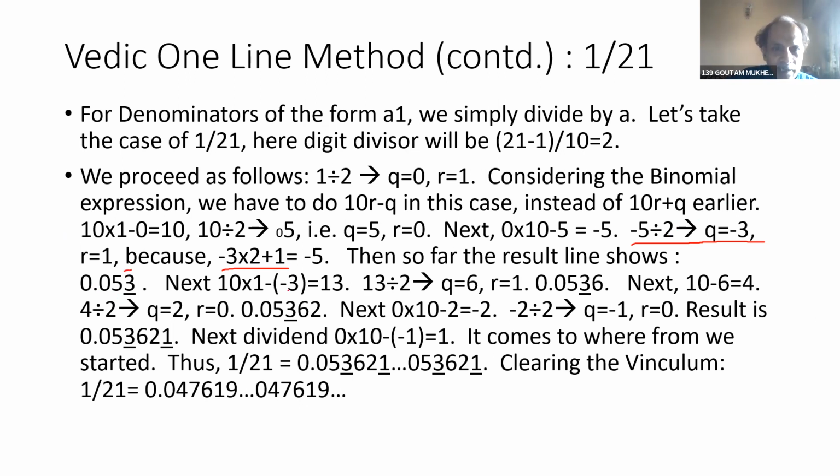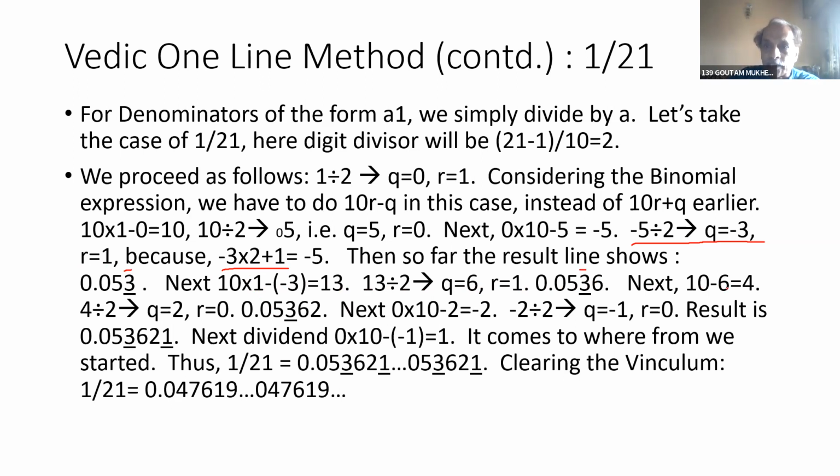Next is 10 into remainder 1, minus of minus 3, becomes 13, positive. 13 divided by 2 is quotient 6 and remainder 1. So it becomes 0.5, vinculum 3, and 6.